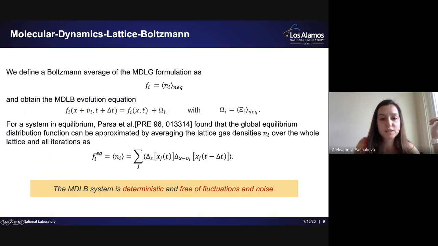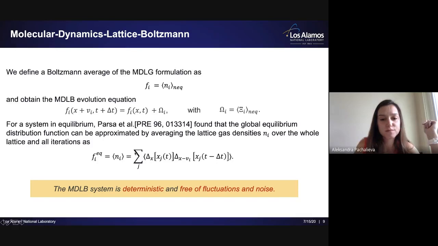One interesting and important paper for this work is Parsa et al. He found the global equilibrium distribution function. I won't go into detail about this, but we use his work in order to describe the f equilibrium. It has really interesting properties, but you can refer to the paper.